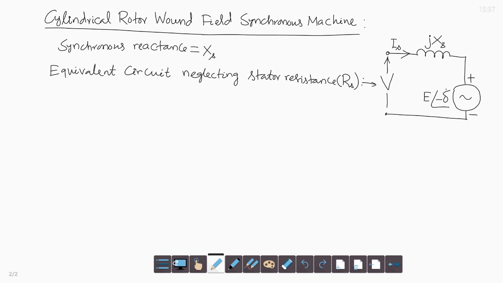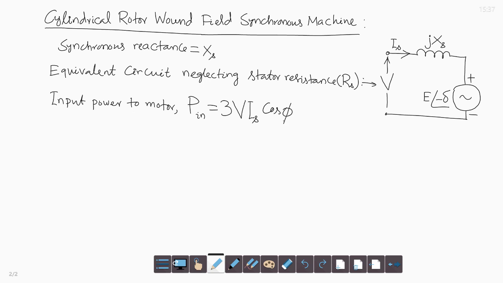From this equivalent circuit, the input power to the motor, P in, is given by 3 times the supply voltage per phase V, into the stator current per phase IS, into cos phi.